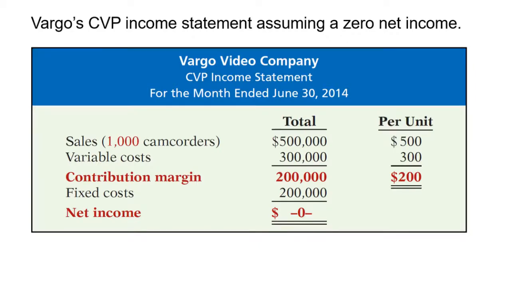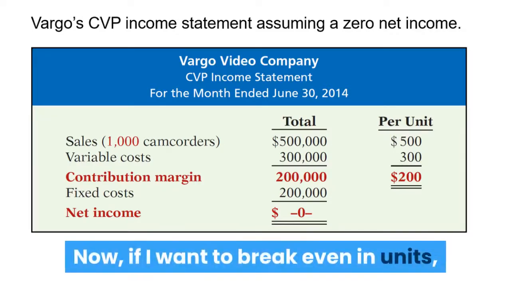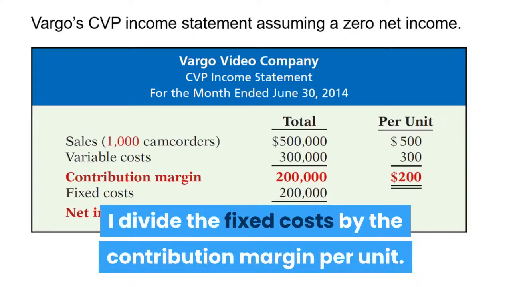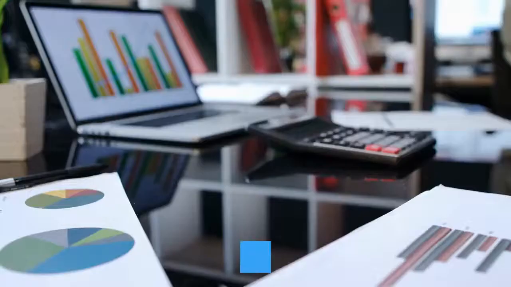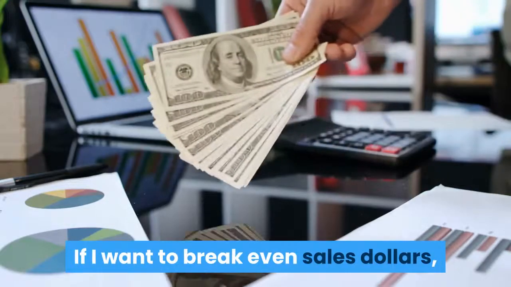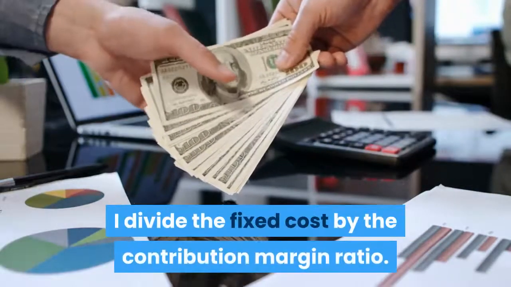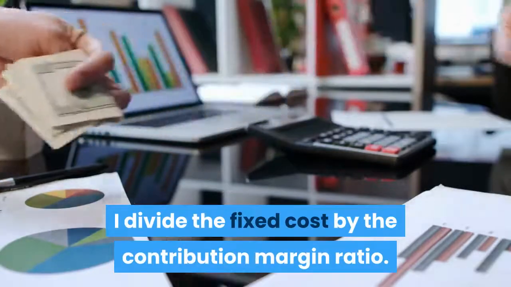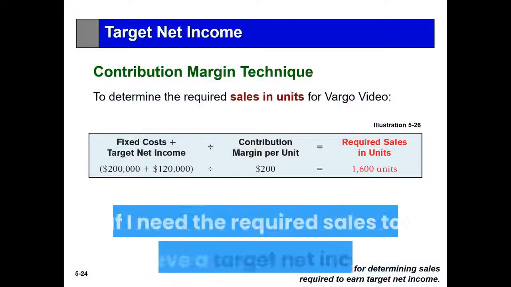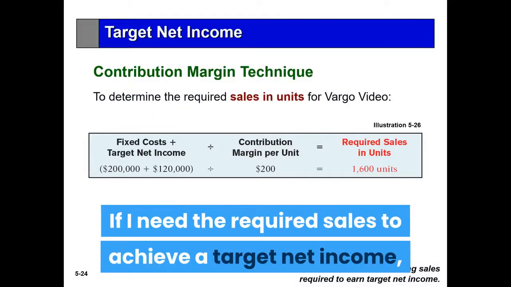Now this information is only for management. And we put it in a special format, and we introduced the idea of a contribution margin. And we do that in total, and then we do it on a unit basis. And we do it as a ratio as well.